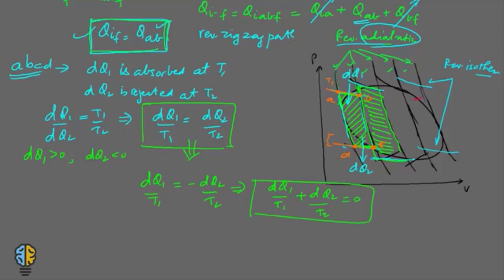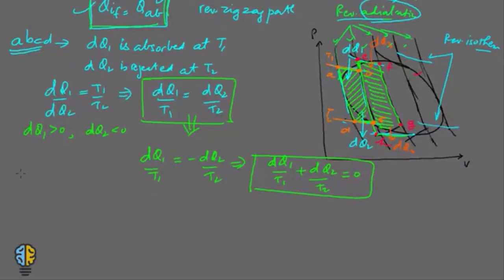Now similarly, let us take the second elementary cycle, say E, F, G, and H. The amount of heat that you get in is, let us say, dq3, and the amount of heat that you reject is dq4. So for the second elementary cycle E, F, G, H, you get dq3 by T3 plus dq4 by T4 is equal to 0.